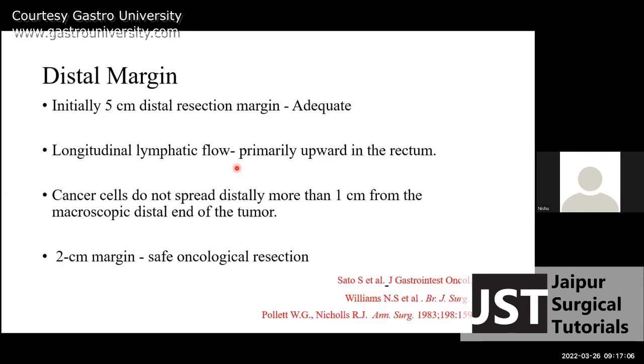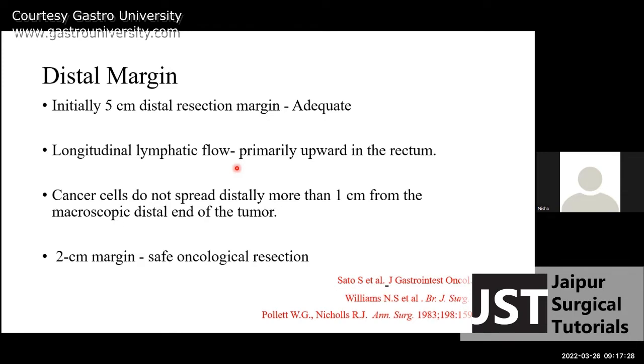Coming to the concept of the distal margin for rectal tumors, traditionally, a 5 centimeter distal resection margin was considered to be adequate. If this had to be followed, most of the patients ended up with abdominoperineal resection and a permanent colostomy for the rest of their life. So various research was done, when they found that the longitudinal lymphatic flow was primarily upward in the rectum.